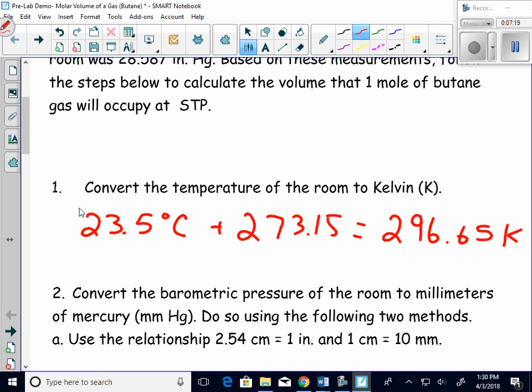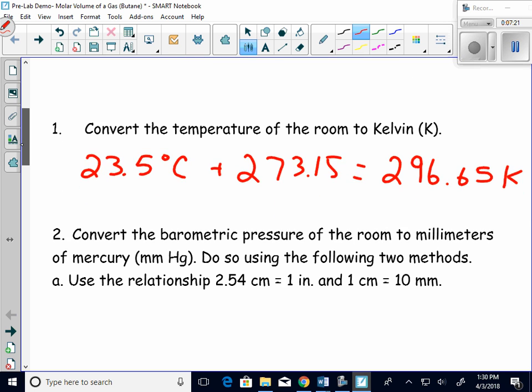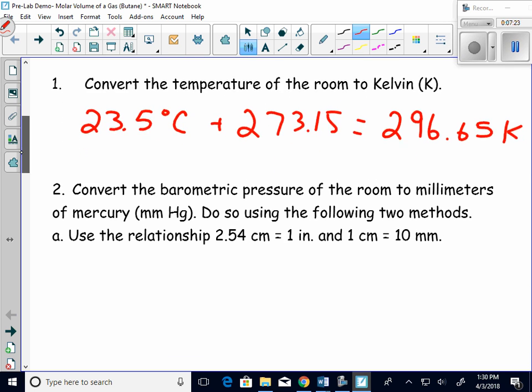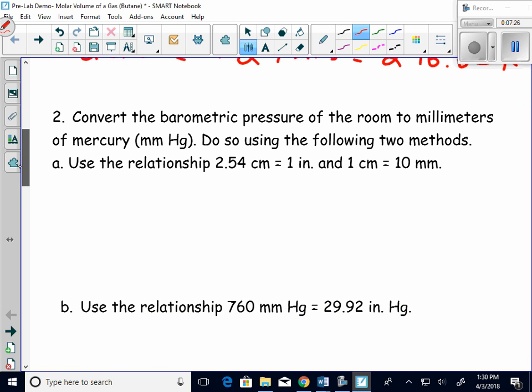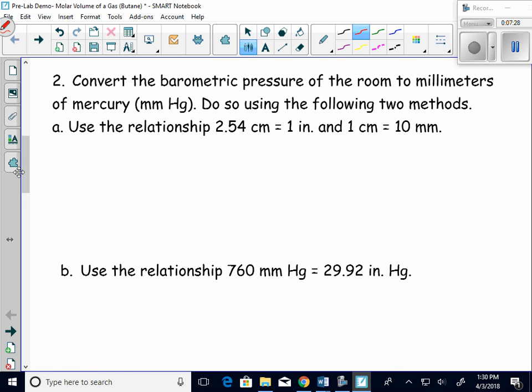My second step is to convert the barometric pressure of the room to millimeters of mercury, using the following two methods. I'm going to convert this in two different ways, just to show you two ways in which you can do it.